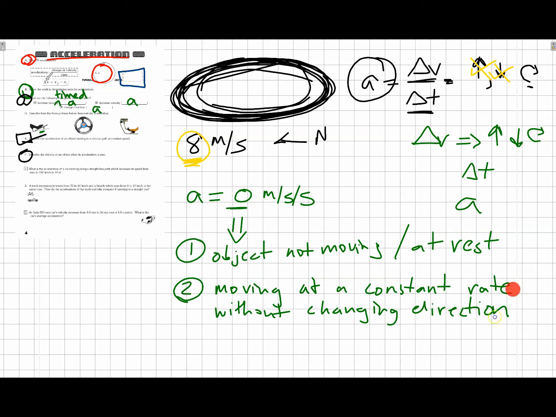So over here, we were changing direction at a constant rate, and there was acceleration. Here we're saying there is no acceleration when moving at a constant rate without changing direction. So that is not an object not moving, sorry, or something at rest.